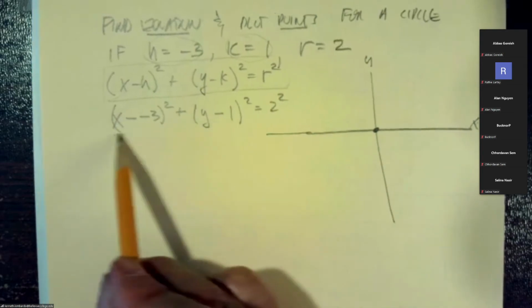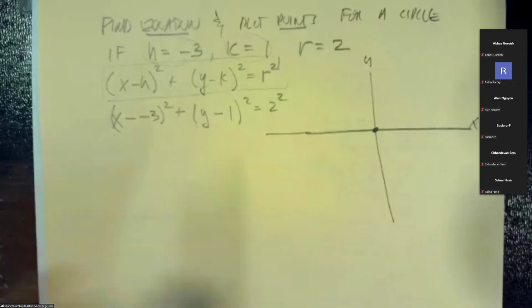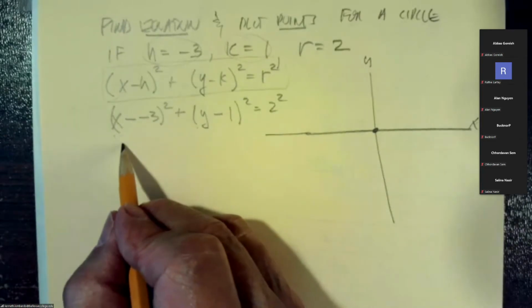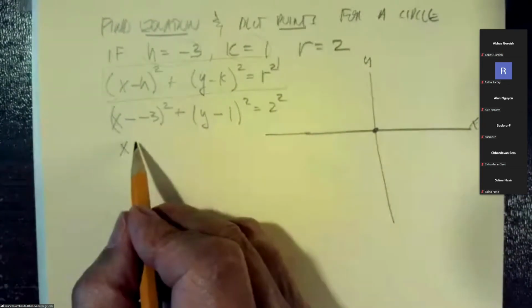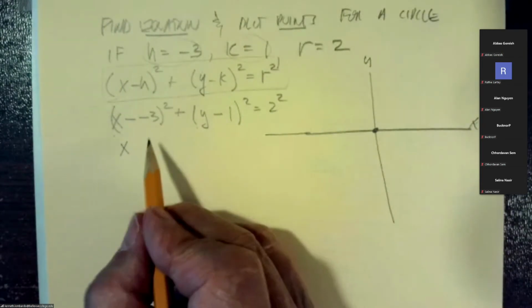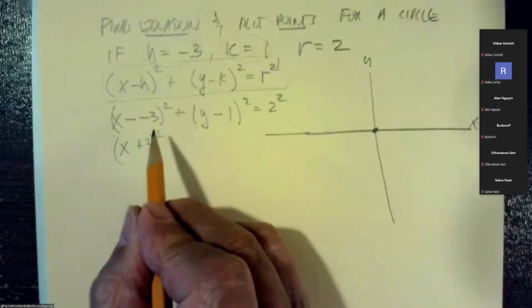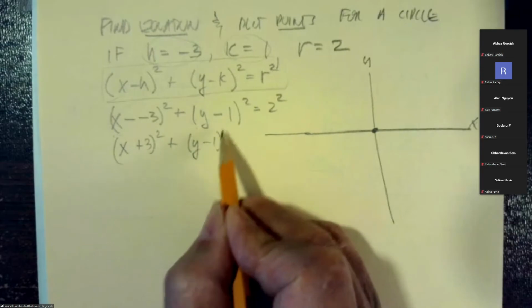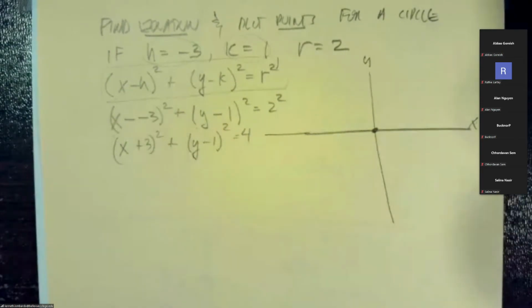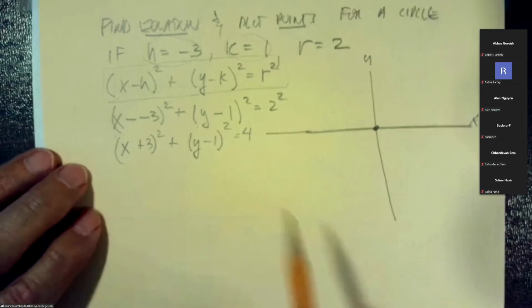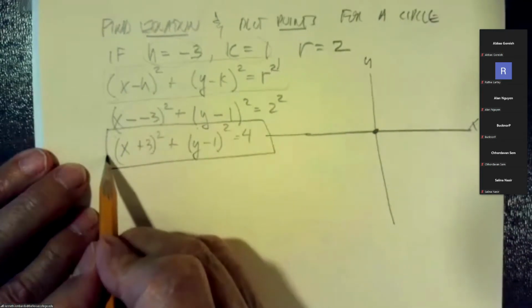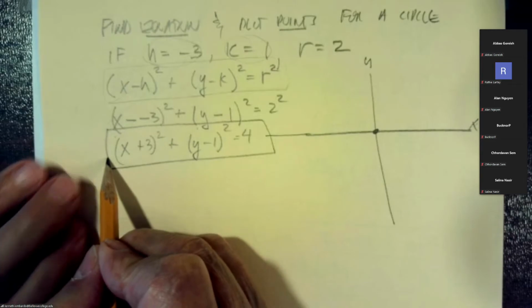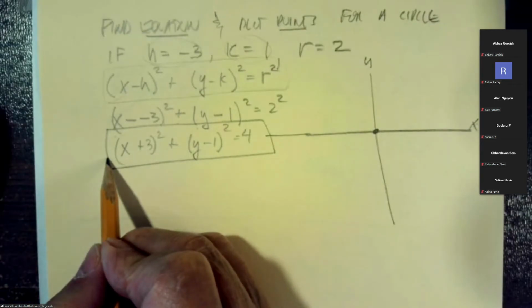Okay, everybody get that? So here we get x minus a minus, so that's going to be x plus 3 quantity squared plus y minus 1 quantity squared equals 4. So that's the equation that we're going to be using.